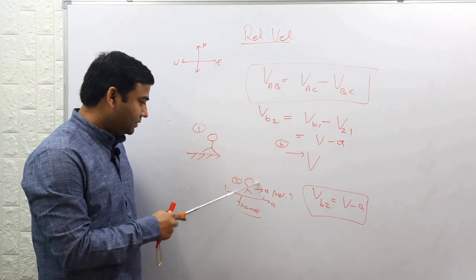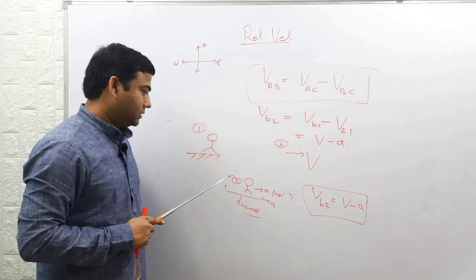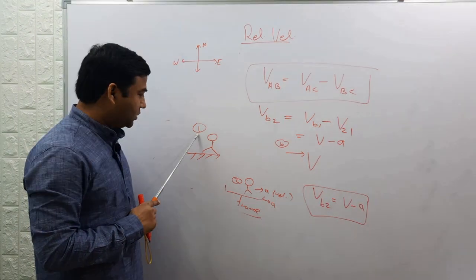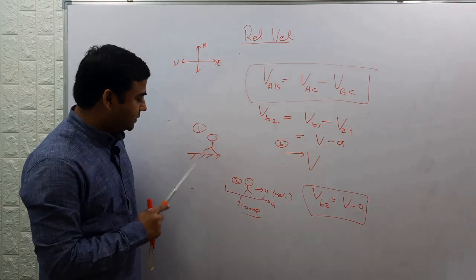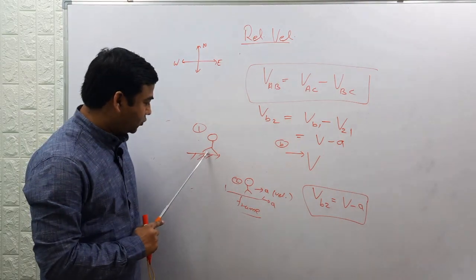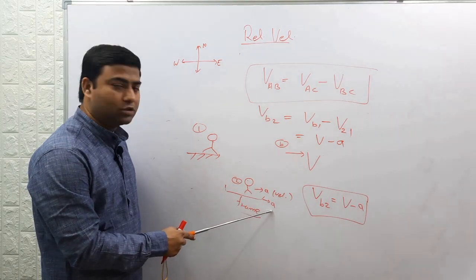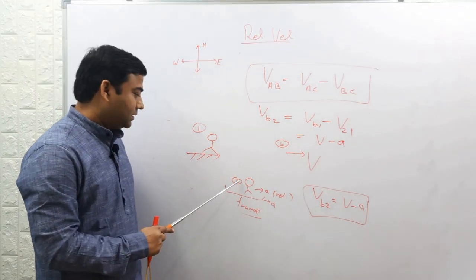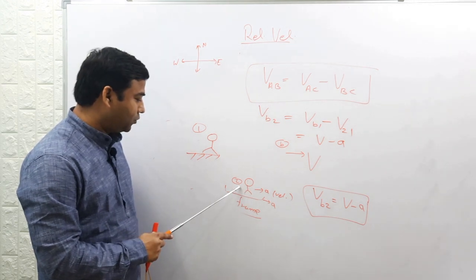Here we have assumed a different observer, but you can also say that same observer runs and changes his frame from ground to a moving frame which is moving with velocity a. Then this observer will become observer 2.